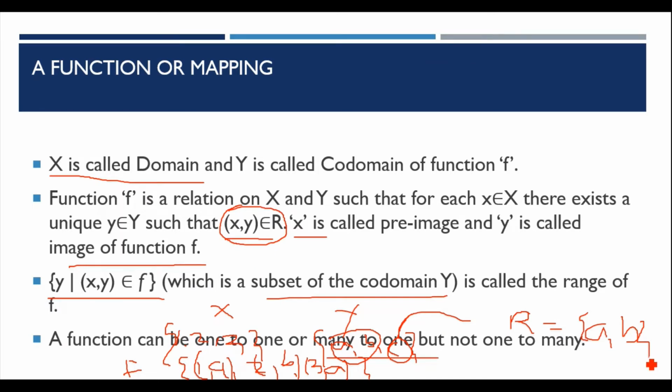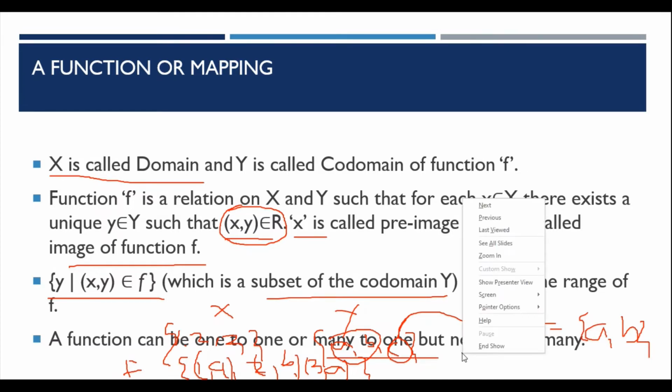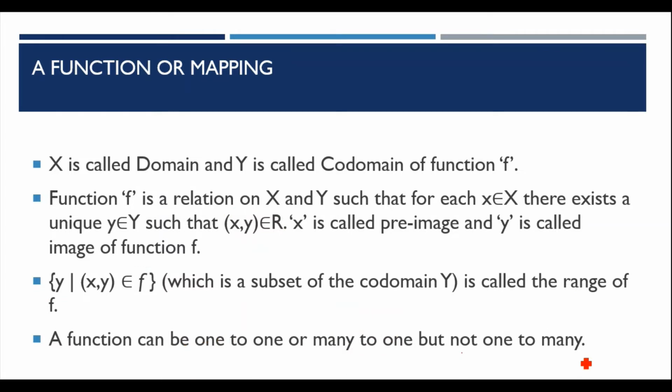Take note that a function can be one-to-one or many-to-one, but not one-to-many. If we have this so-called function, it should only be one-to-one or many-to-one.